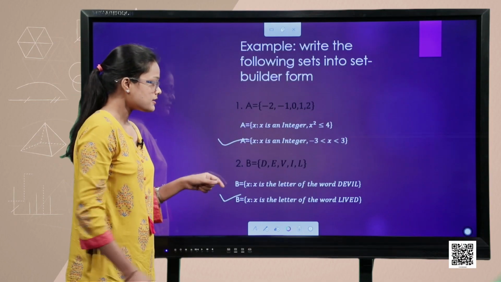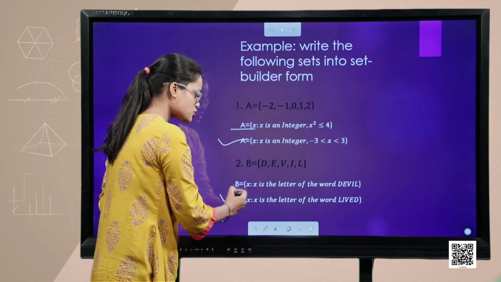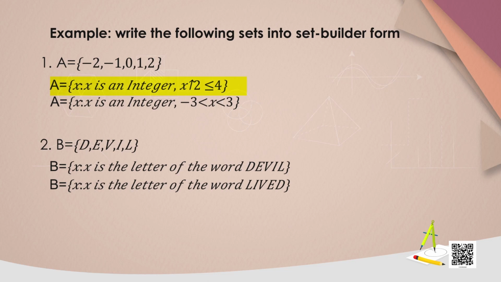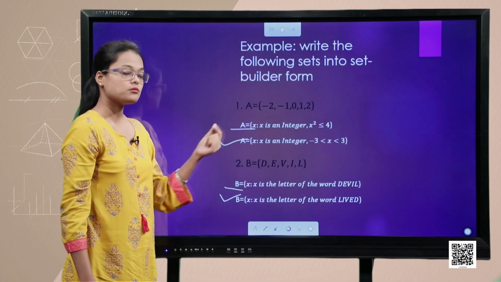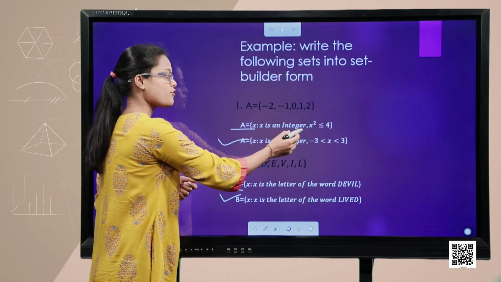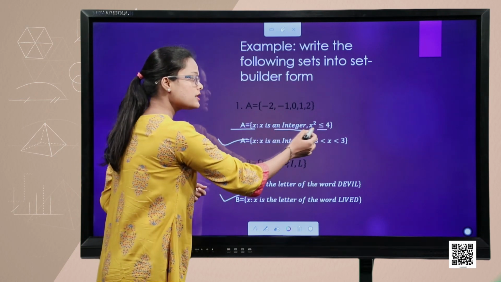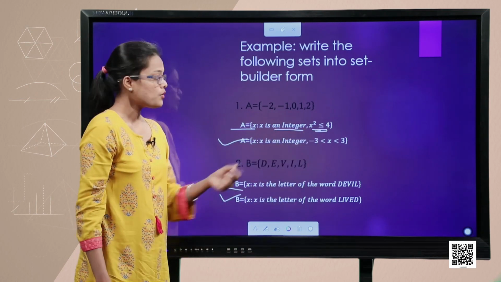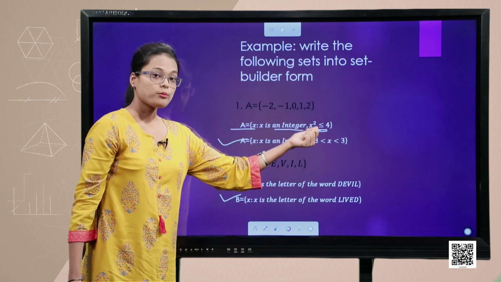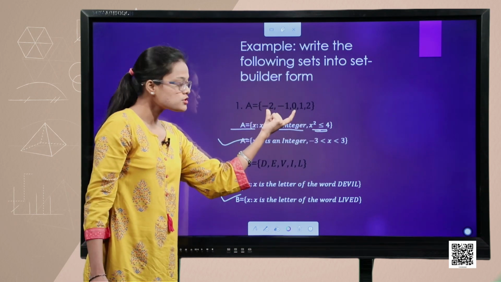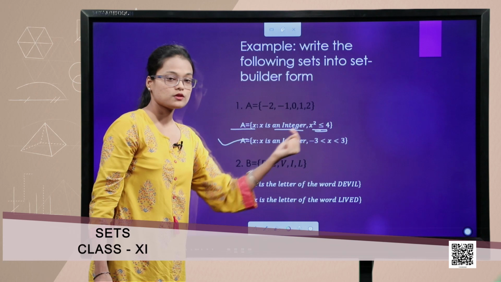You may see that there is another representation of both the sets A and B. A can be written as the set of all those integers which satisfy this property. When you satisfy this property, you can see that all the members of the set A satisfy this particular property.